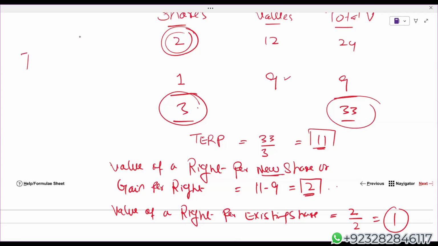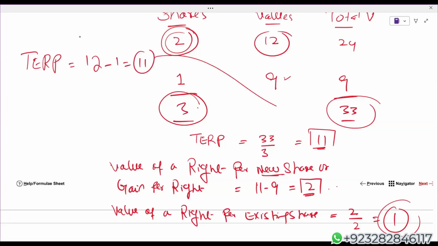How can I calculate TERP? TERP is equal to current share price minus the value of a right per existing share. I'll get 11, which is exactly the same. If I know the current share price, all I need is to subtract the value of a right per existing share. That will directly give you the theoretical ex-rights price.